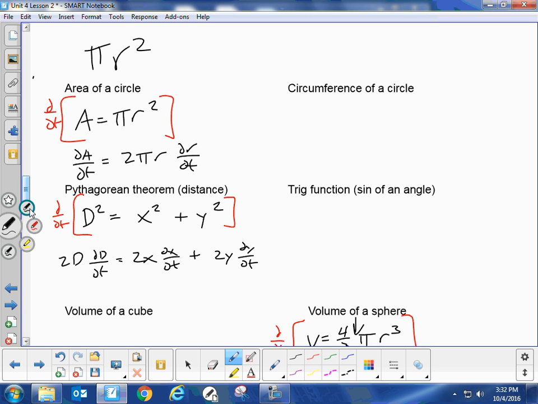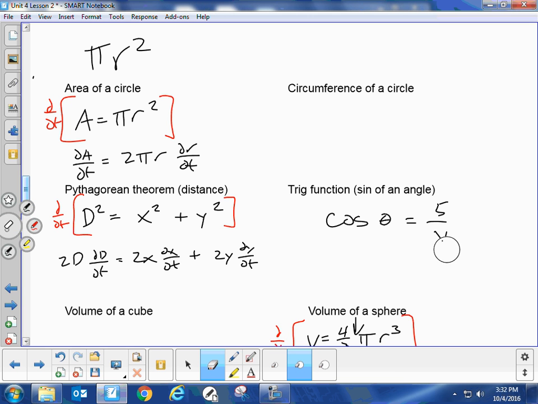Here's one that a lot of people screw up with: trig functions of angles. Let's say we have the cosine of theta is equal to some ratio. I'm going to give you a value for the numerator just so that we don't have to do a crazy, hold on, let's make that correct. Cosine is equal to adjacent over hypotenuse, so I'll say this is d. Sometimes you'll be given a side length.